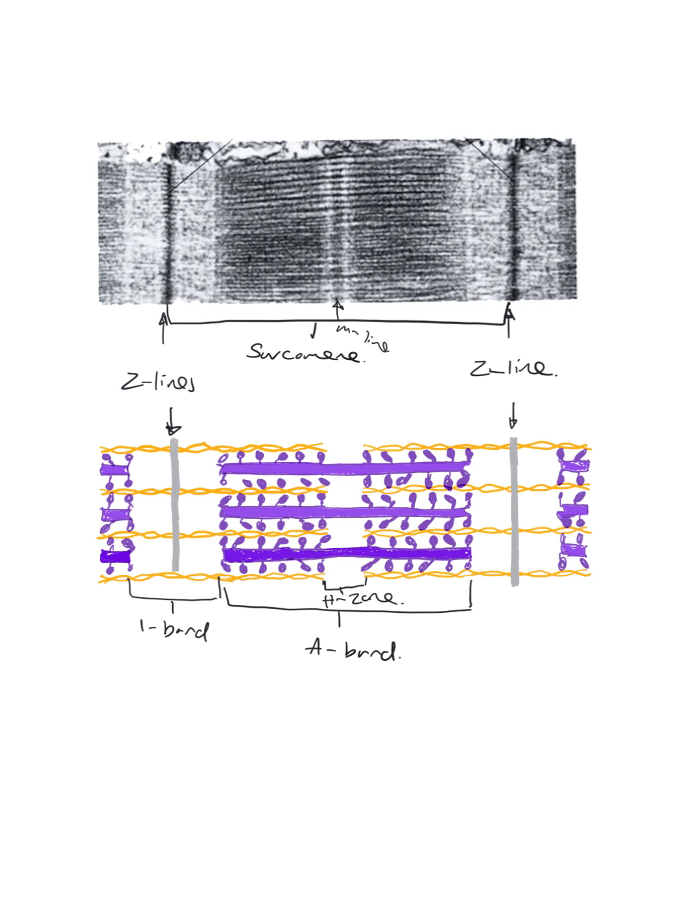So we have the M line in the centre, which in my drawing below is not the easiest to see, but you can see it above in that distinct line. Then you've got your H zone where you've only got myosin, your A band where you've got the overlap between the actin and the myosin, and the I band where you are seeing only actin filaments in that space.